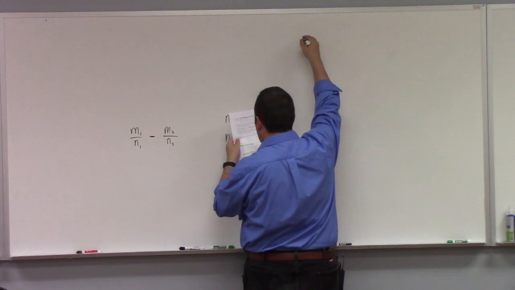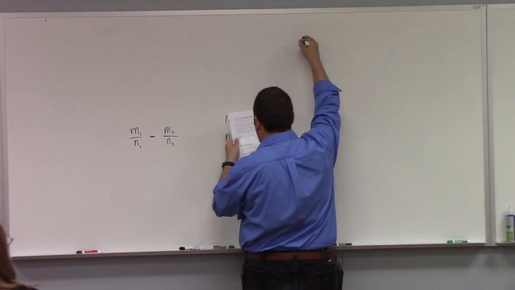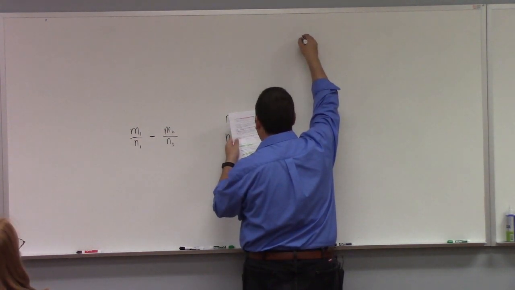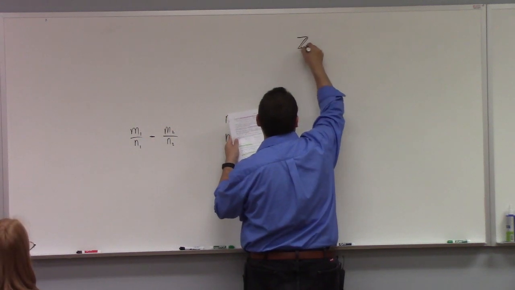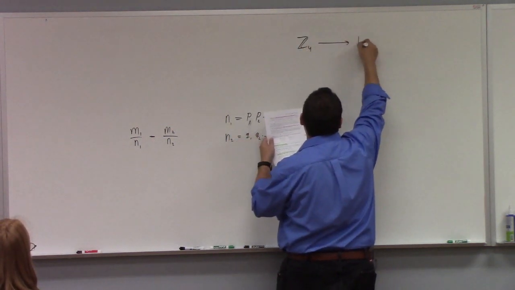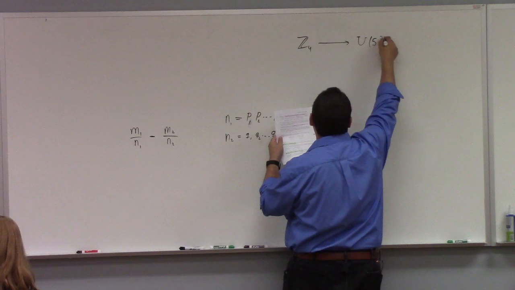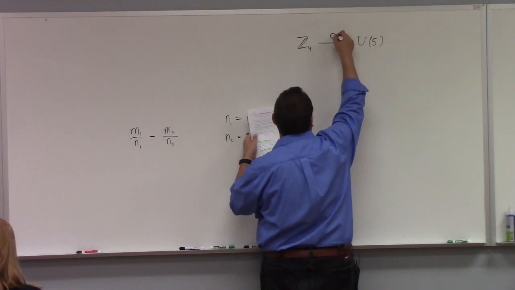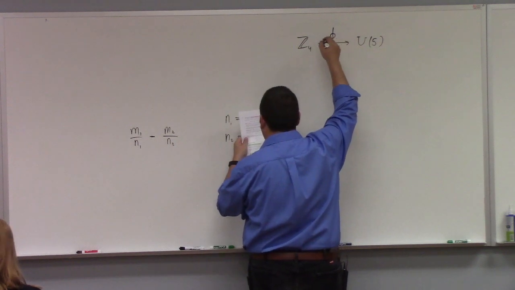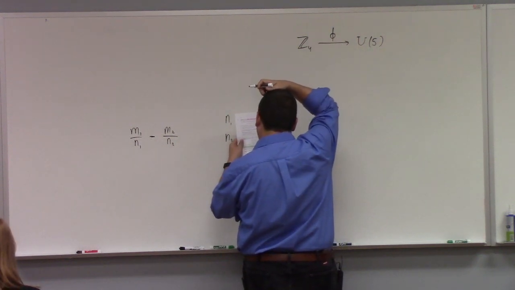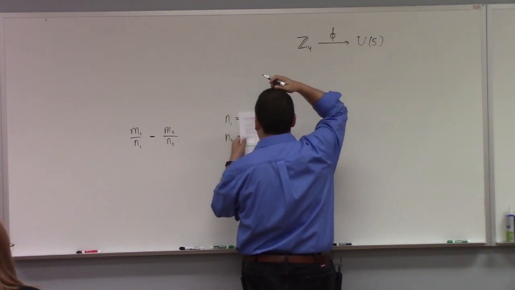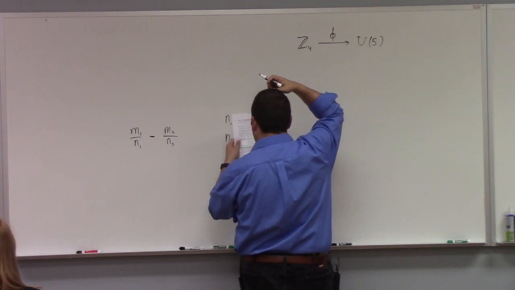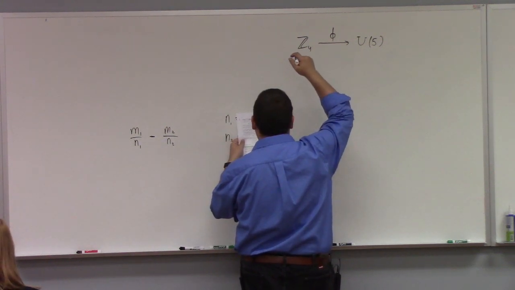So let's see here. I'm trying to look at isomorphisms between Z4 and U5, allegedly, and trying to describe how we can define an isomorphism from Z4 to U5.